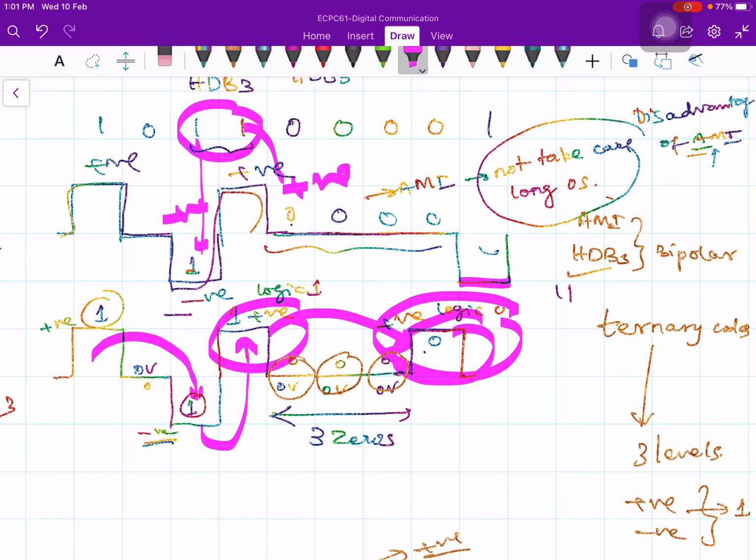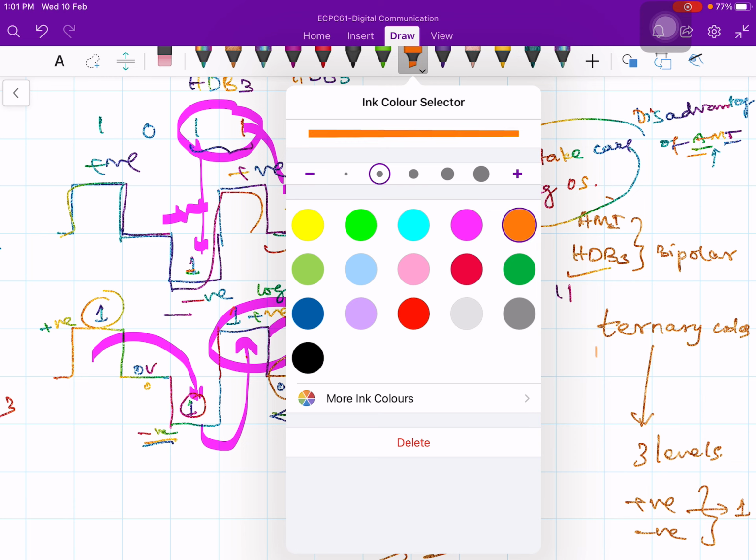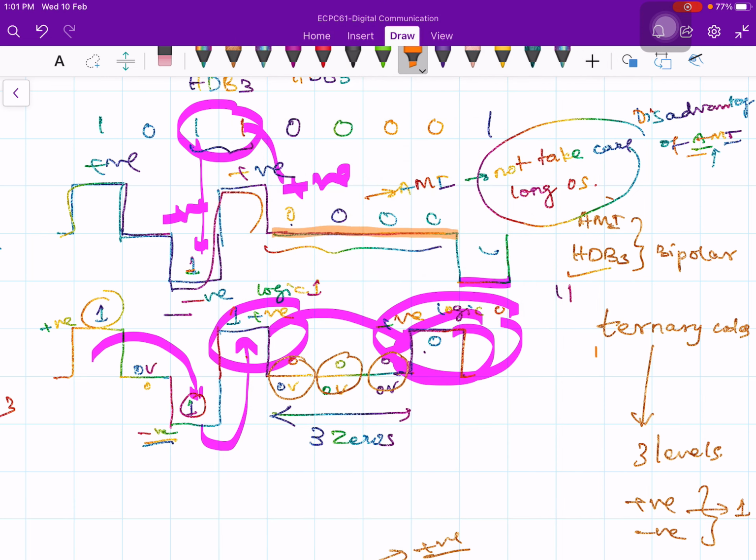Okay, therefore the AMI can avoid the DC wander problem, but it does not totally eliminate the synchronization problem. Why? Look at this location. Here there is no zero crossing, it is continuously in the same level. So in this case, your synchronizer will fail to synchronize with the transmitter. So here is the problem in the synchronizer part.